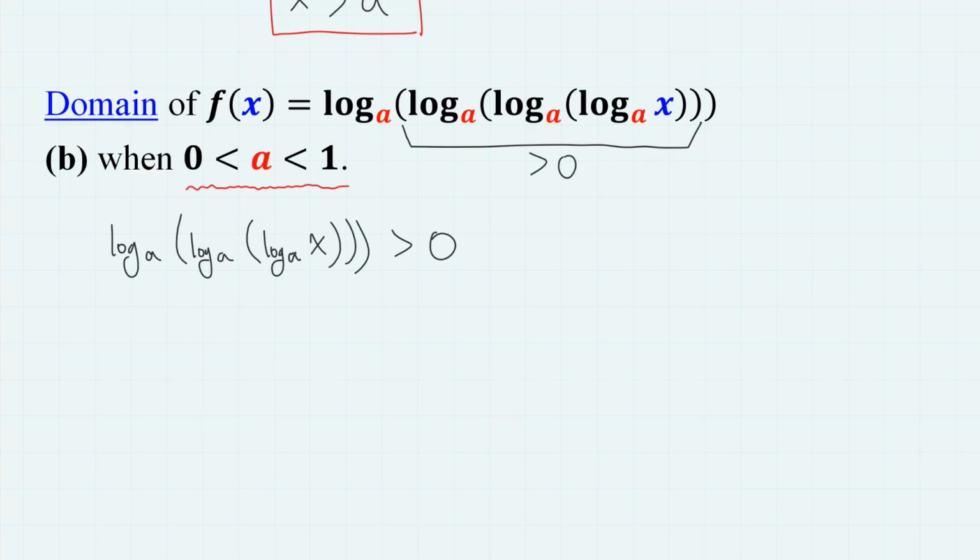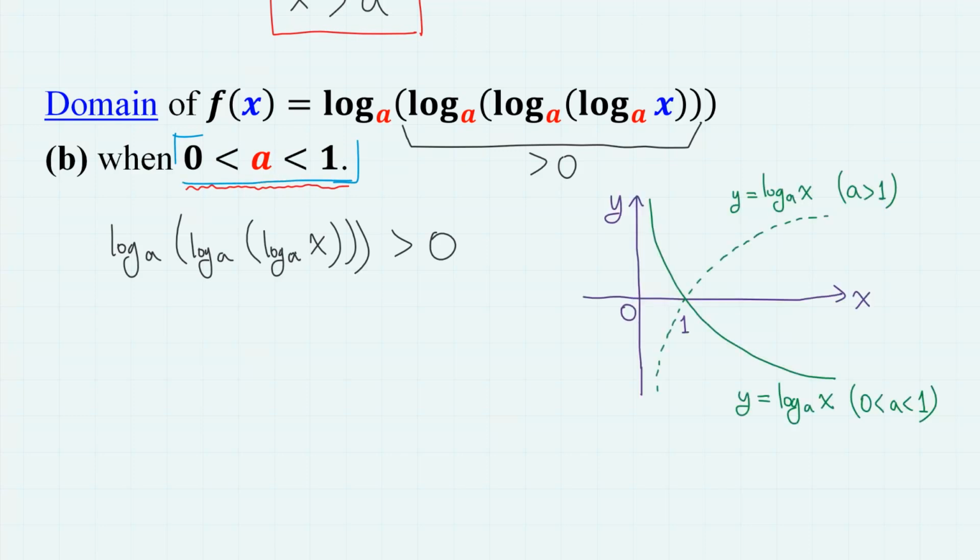But this is the point where things get different from the previous case. Now we are dealing with the case where a is greater than 0 and less than 1. As you can see, in this case, the graph is decreasing. Therefore, when we attempt to solve this kind of logarithmic inequality, the direction of the inequality sign must be changed whenever we reduce the logarithm.